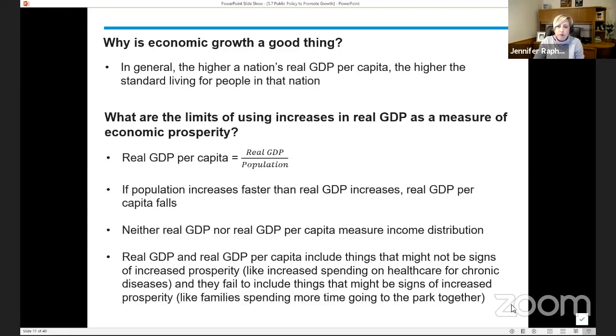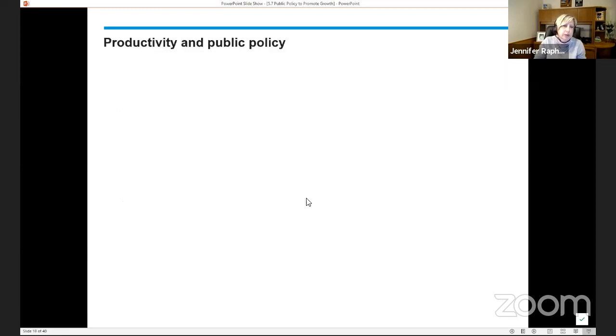And also things that we might consider to be signs of a high quality of life or a high standard of living, like families spending more time going to the park together or engaged in leisure together, those things aren't captured by GDP. So in general, the rule is the higher a nation's real GDP per capita, the higher the standard of living for people in that nation. But we do want to be mindful of what GDP does and doesn't tell us.